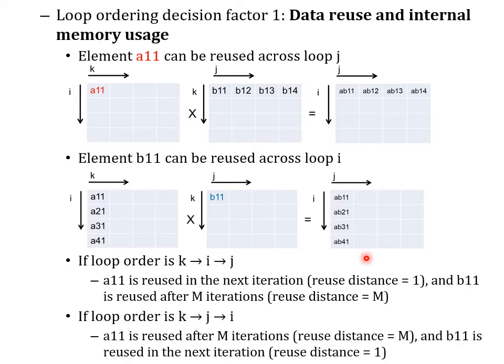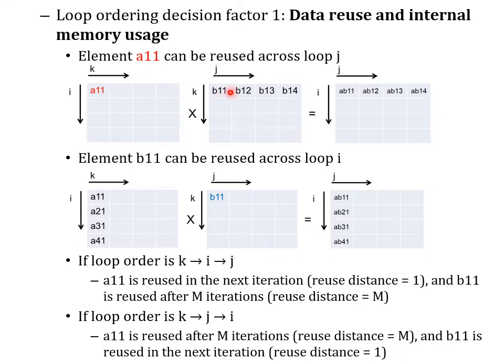Let's move on to the next example when the loop order is KJI. So A11 is first going to be multiplied with the B11, and since it's K, J, I, the A21 is going to be multiplied with the B11, and then the A31 and the A41, right?